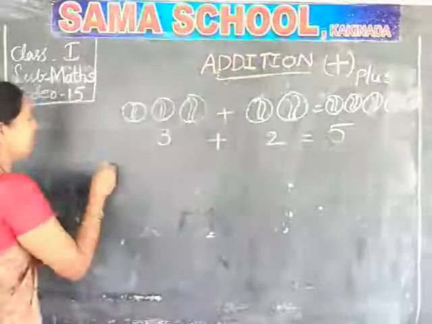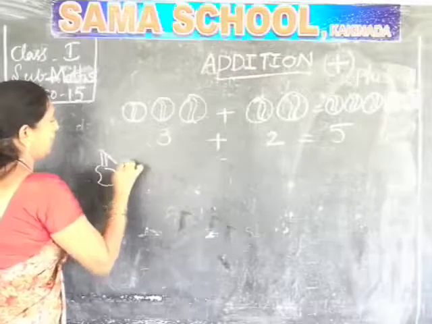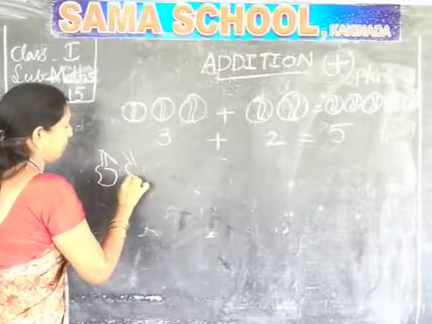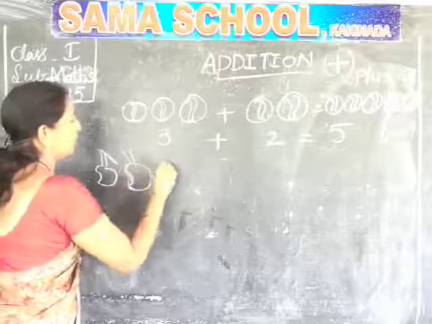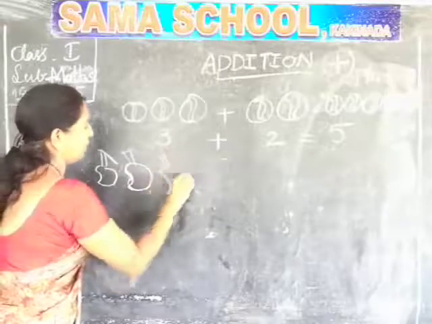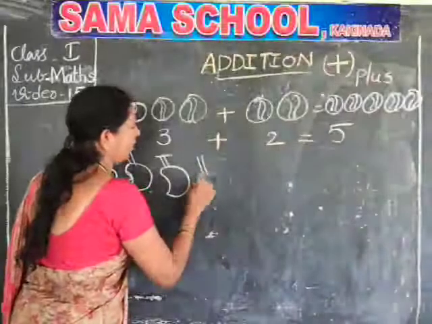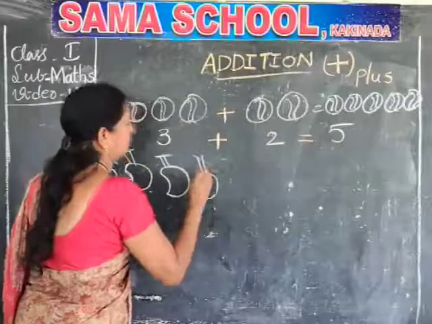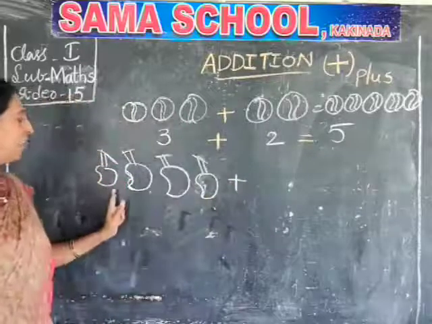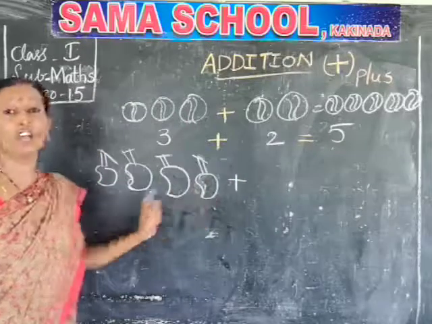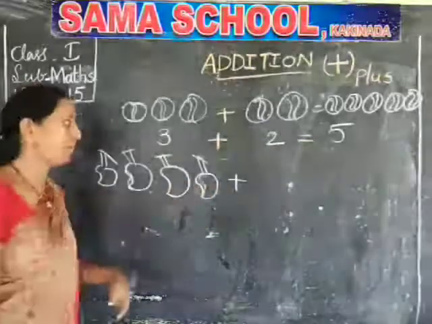Now I am giving another example. Plus. See here 1, 2, 3, 4. How many mangoes here? 4 mangoes.